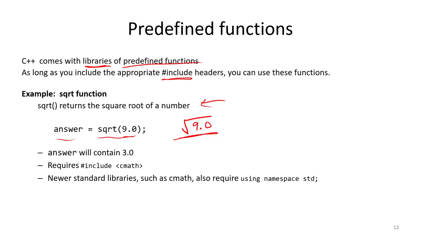In this case, sqrt of 9.0 will return the value 3 because the square root of 9 is 3, and actually it returns it as a double. And so if I write the code answer equals sqrt 9.0, sqrt 9.0 is going to evaluate to 3.0, and so the value 3.0 will be assigned to answer.